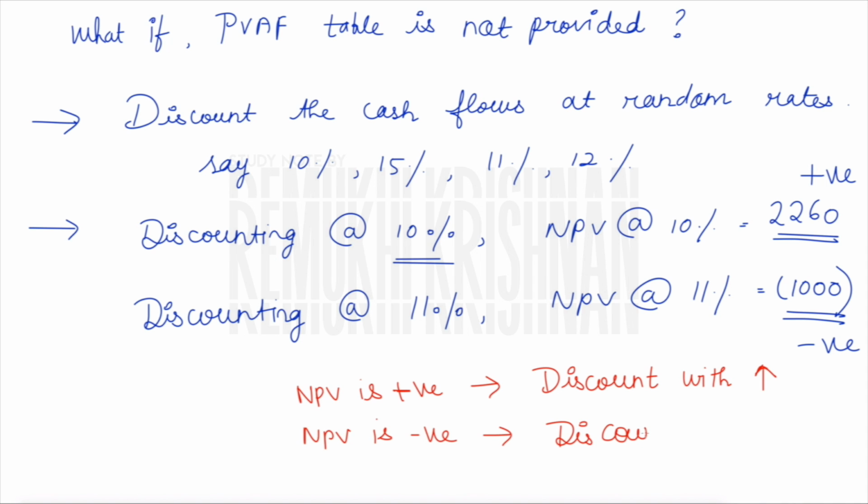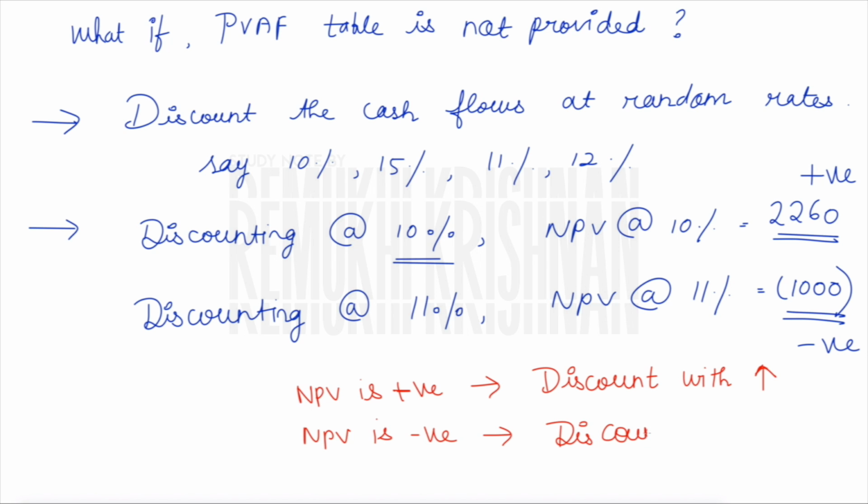Since I arrived at a negative answer at 15 percent, the next rate to discount with is one lower than 15 percent, like 12 percent or 10 percent. Our main motive is to have one net present value positive and another negative. When the net present value is negative, you discount the cash flows at a lower discount rate.